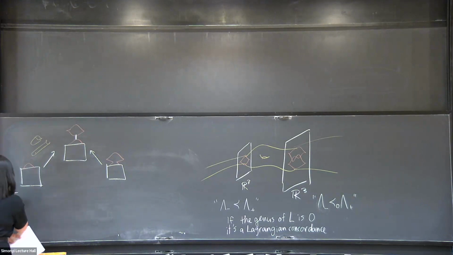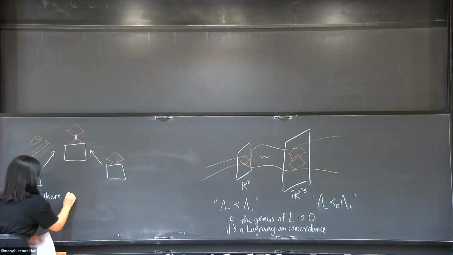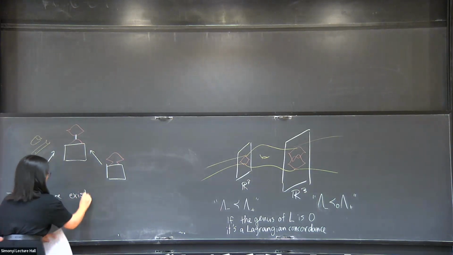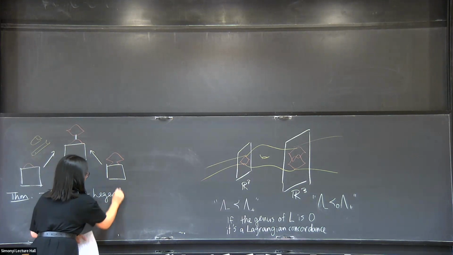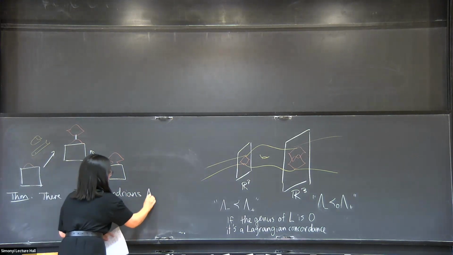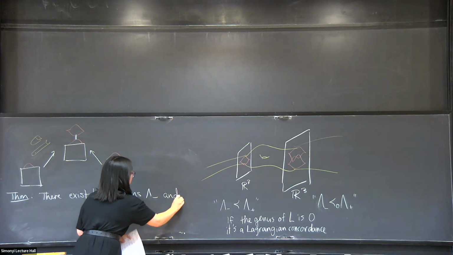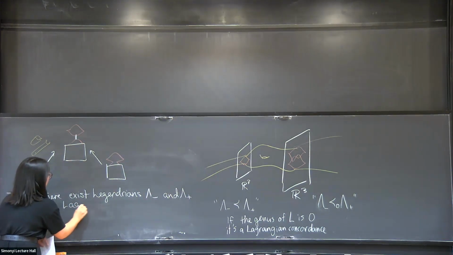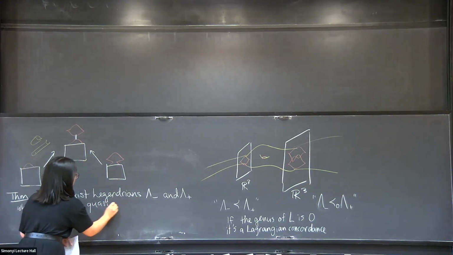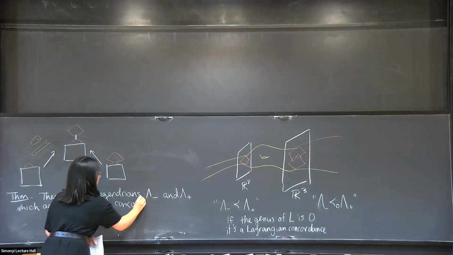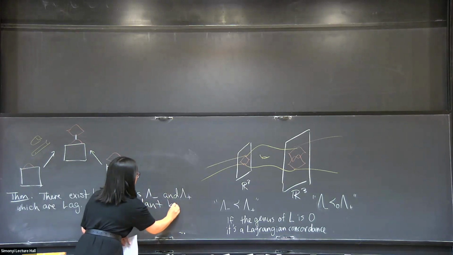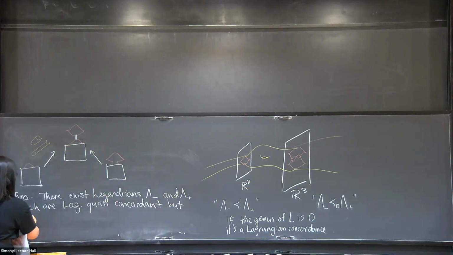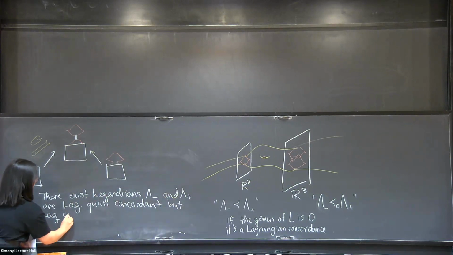Theorem: there exist Legendrians lambda minus and lambda plus, which are Lagrangian quasi-concordant, but not Lagrangian concordant.